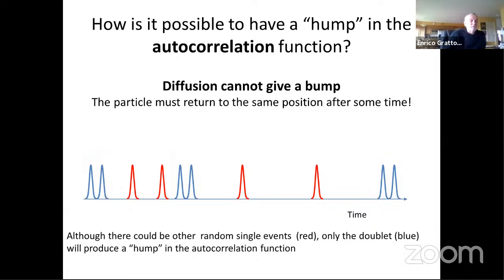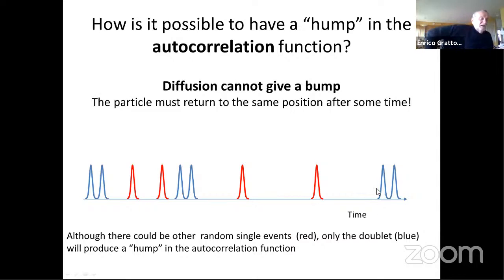So the idea will be the following. Sometimes, like this time and the blue, they correlate always because they are always at the same distance in time. But if other processes occur which are not at the same time, they will never correlate or will not give a hump.